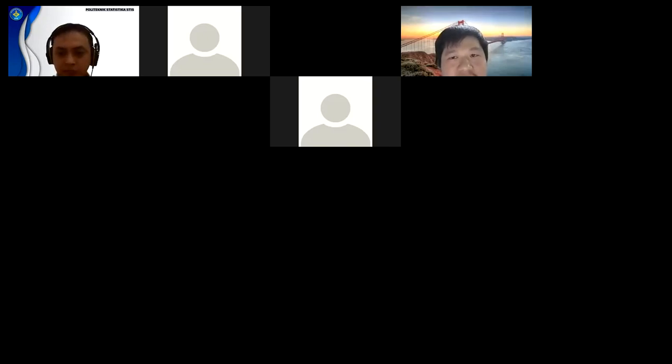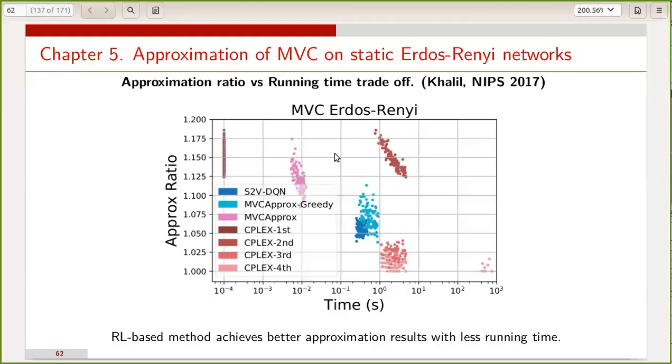Let me share the screen. Can you see my slide? Okay. So here we use transfer learning. This one is an example of the use of transfer learning. It approximates the minimum vertex cover.